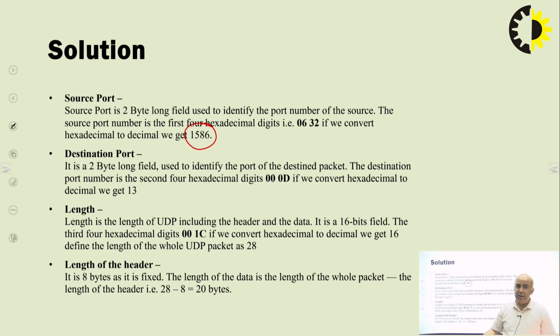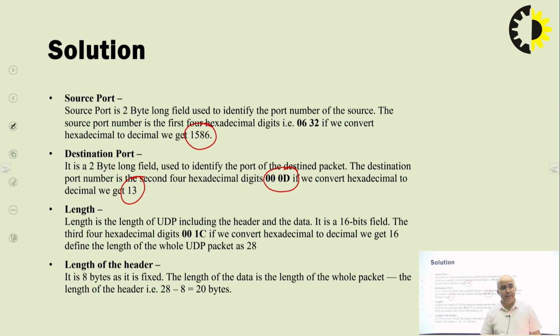It is a 2 byte long field which is used to identify the port of the destination packets. In the given hexadecimal values, the next value is 000D. If we convert it into decimal, it comes out as 13 in this case. Next, we have to identify the length of the header.